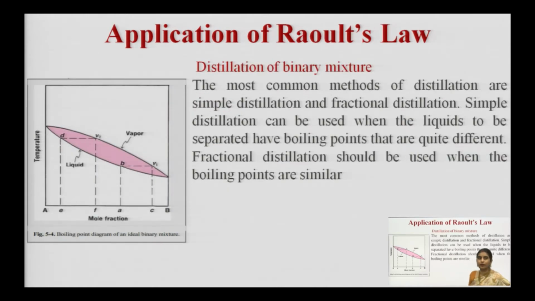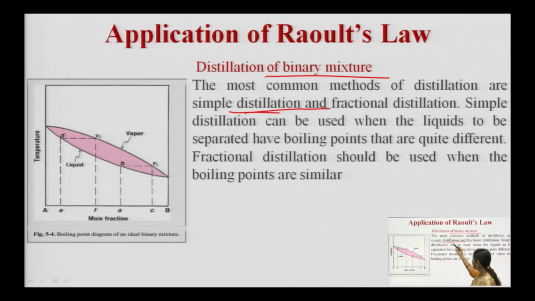So, we can draw this graph and see the distillation of a binary mixture. Mainly simple distillation and fractional distillation take place. Then we have azeotropic distillations and steam distillations. First is simple distillation.